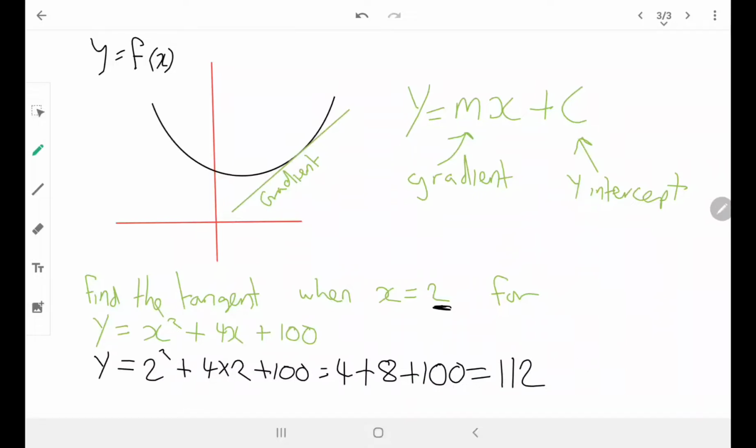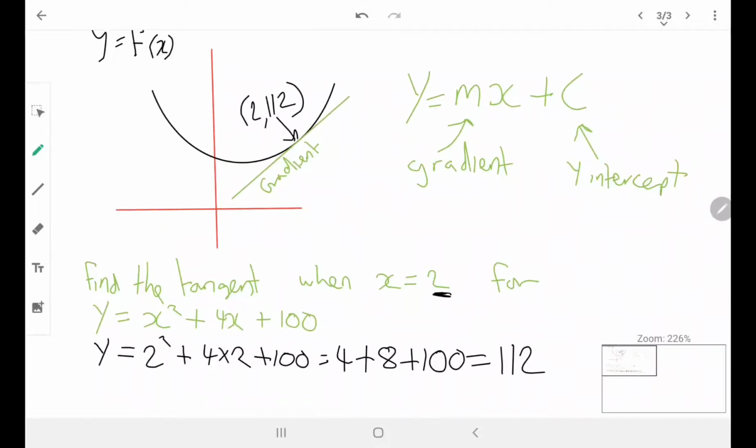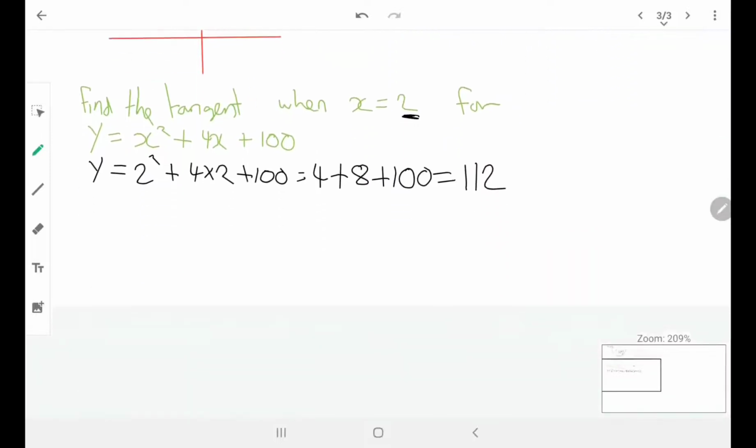So I now know that this point here is (2, 112), little mistake there, doesn't really matter. Good thing about this, I can just delete it all. And I'm going to go down.